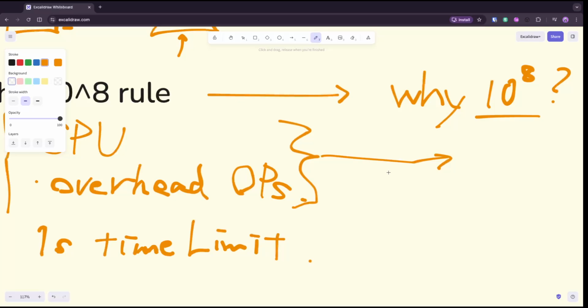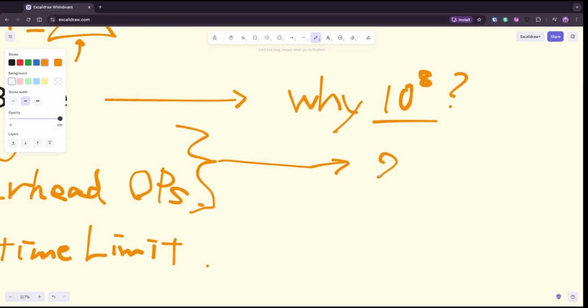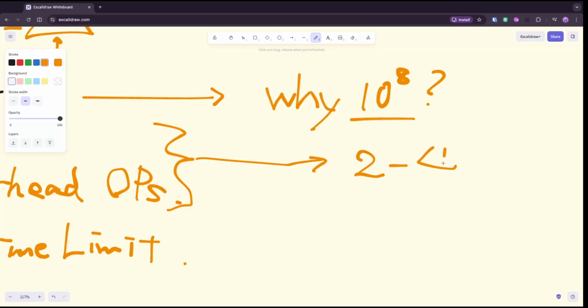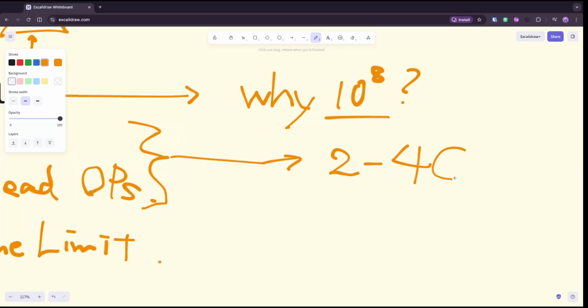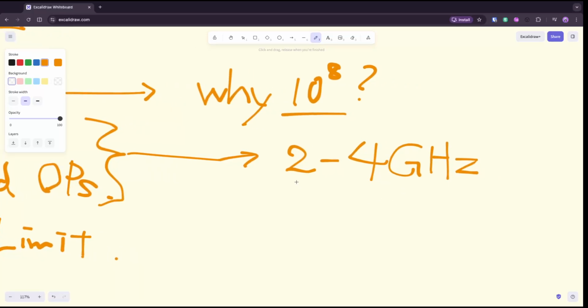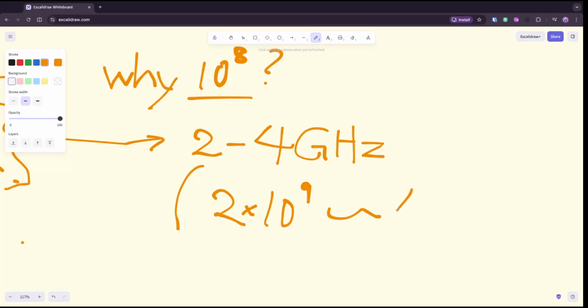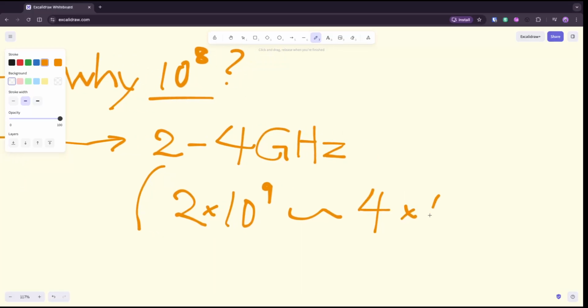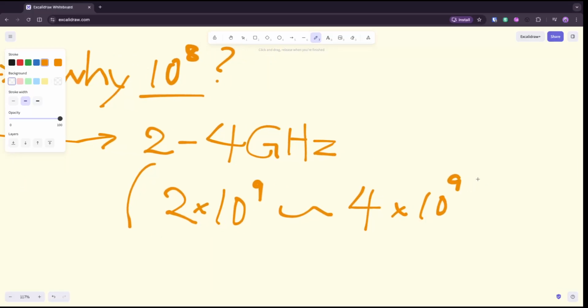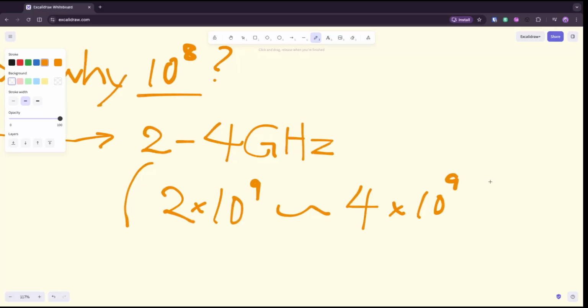Modern CPUs run at roughly 2 to 4 gigahertz. This is 2 times 10 to the power of 9 to 4 times 10 to the power of 9 cycles per second.